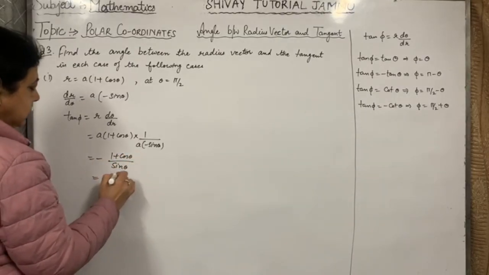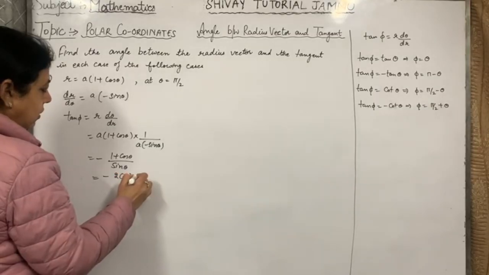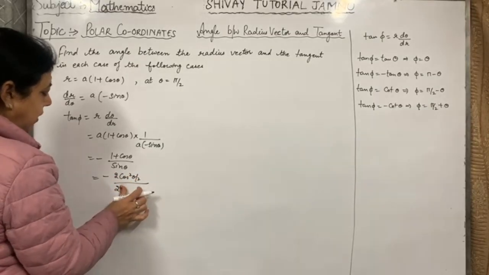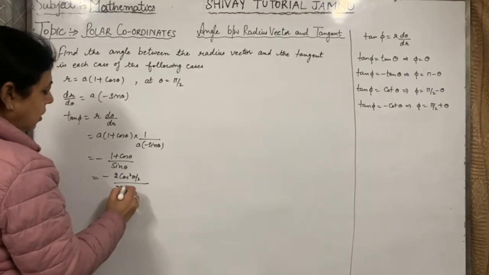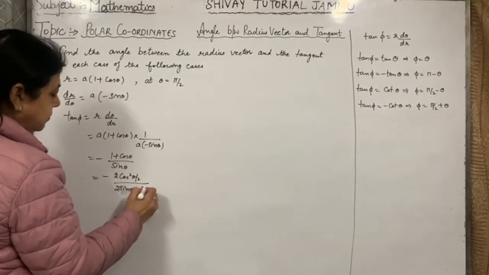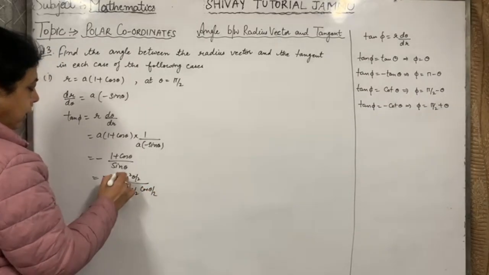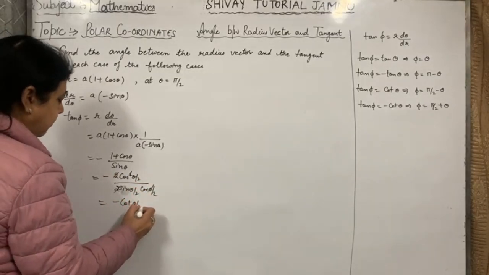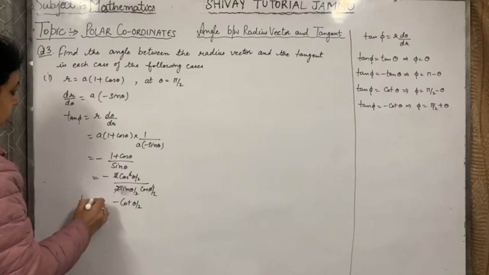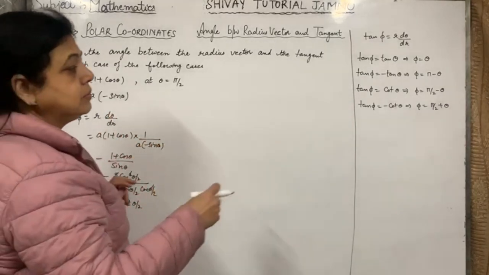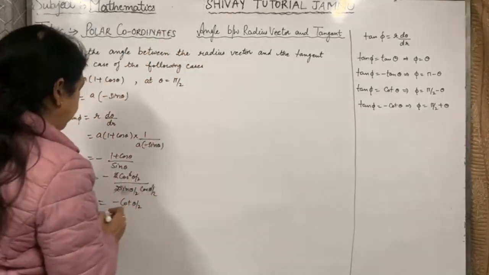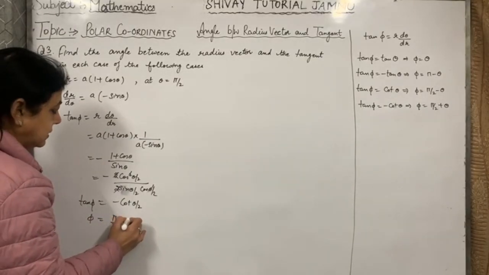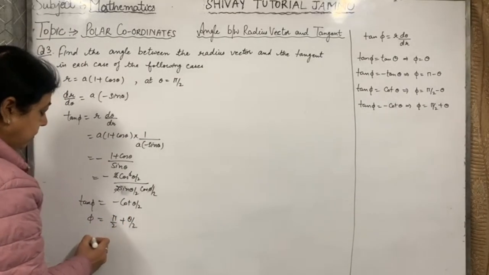What is 1 plus cos theta? 2 cos square theta by 2 and sin theta is 2 sin theta by 2 cos theta by 2. We will get 2 cancel, cos cancel, cot theta by 2. The formula for tan phi is minus cot theta by 2, then phi is equal to pi by 2 plus theta by 2, that is the angle.